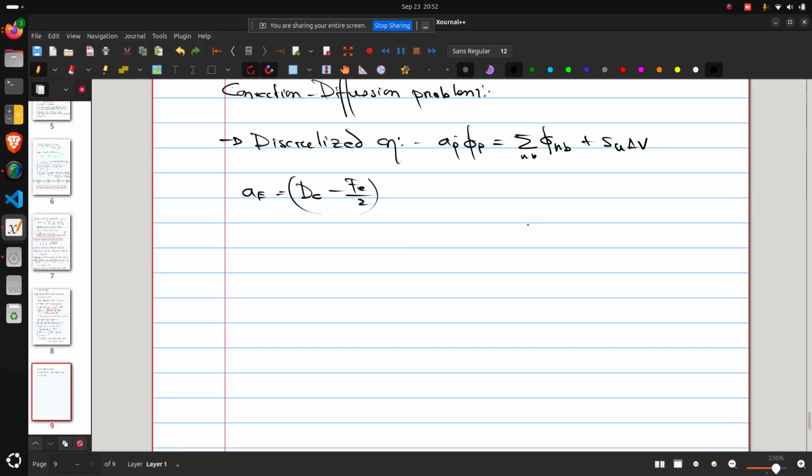Okay. So, this term has a negative sign, right. So, dE is what? Is nothing but gamma delta y by delta x.